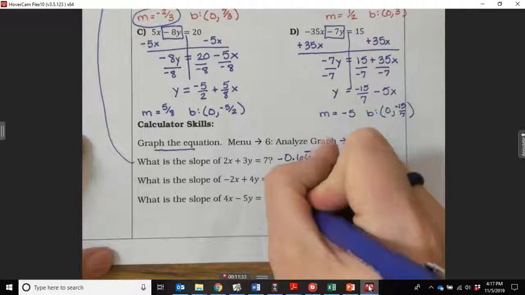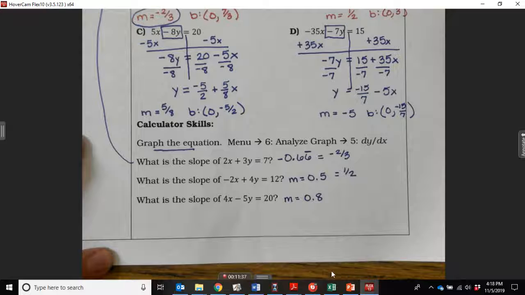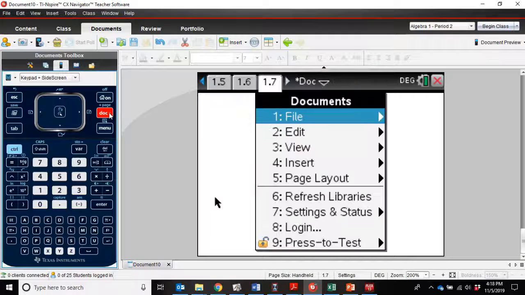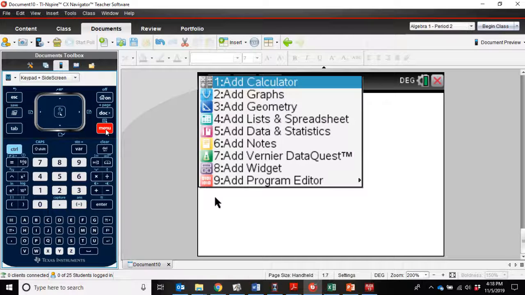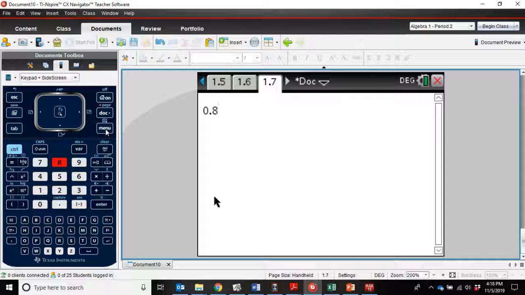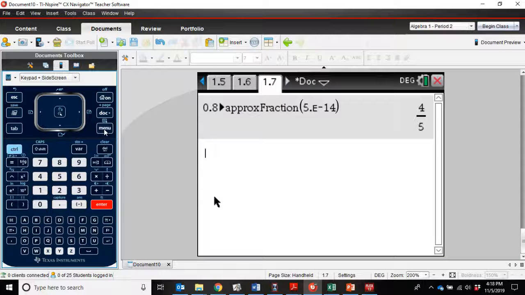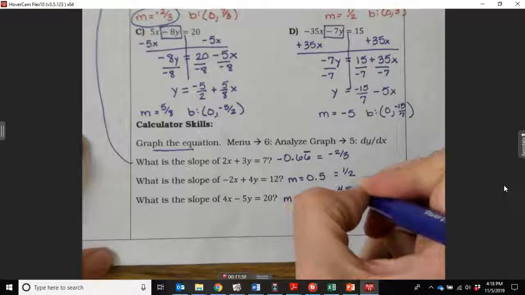So here, m equals 0.8. And then I go to a calculator page, which is number 1, and type in 0.8 and change it to a fraction. Menu 2. Enter. And my answer is 4/5. So here, m equals 4/5.